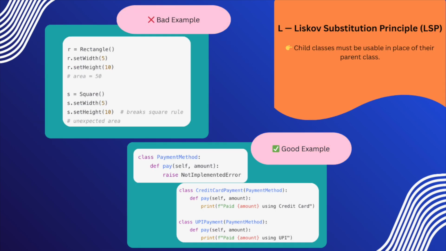So next is Liskov substitution principle. The child class must be usable in place of their parent class. A bad example you can take, let's say Square inherits from Rectangle, but Square breaks logic, right? Length equals width always, but for a rectangle it's not the same case. So here LSP will not be applicable.